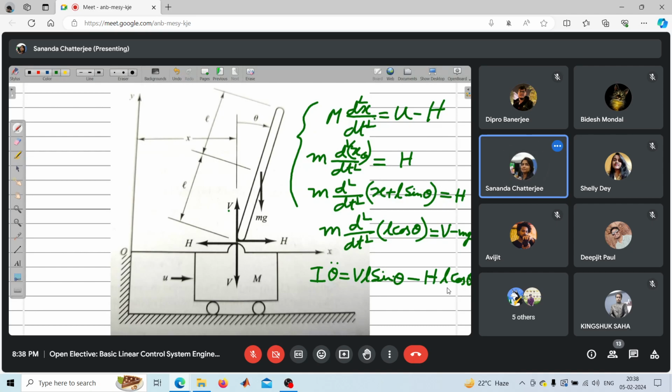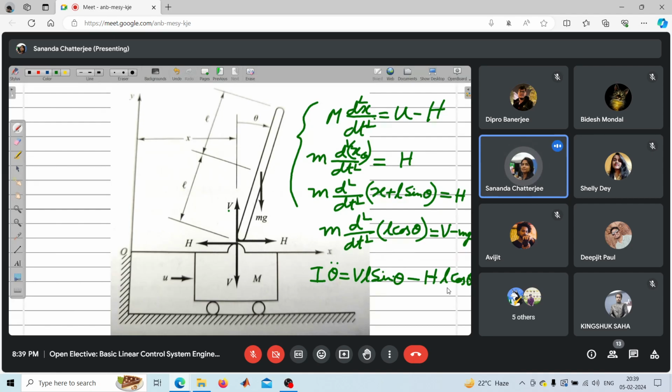So what are the variables based on which the energy will be stored? For capital M, the energy stored will be dependent on the velocity, that is x dot. Do you agree? What will be the energy stored in the pendulum? It will depend on the value of theta. So therefore, there are two variables we can take as measurement.